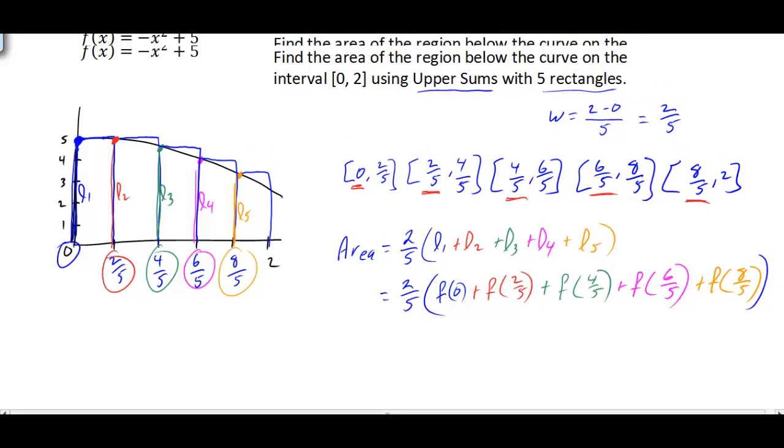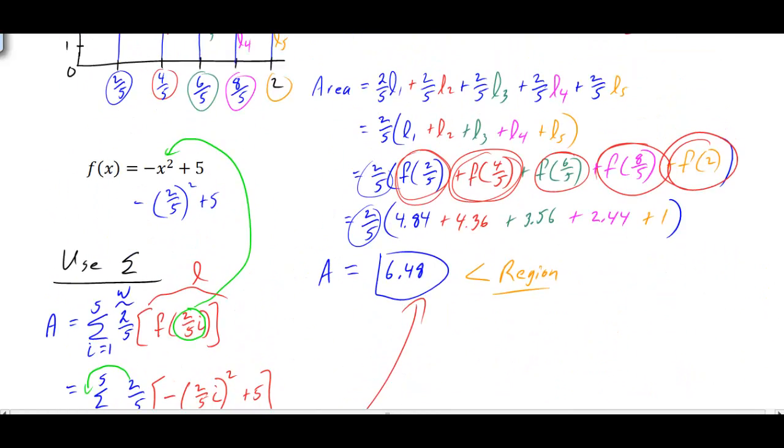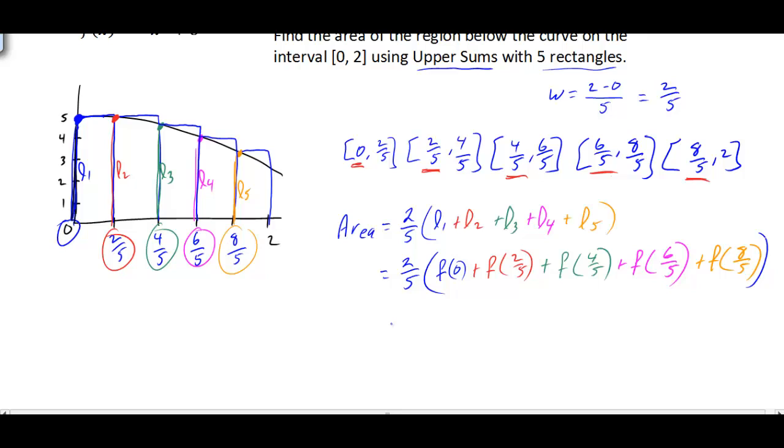So the only thing different here is we got to plug 0 in, and of course if you plug 0 in, that's going to be 0 plus 5. So we would have 5 plus the answers we had before, but we want to leave off the f of 2. So it's going to be 5 plus 4.84, 4.36, 3.56 plus 2.44. And notice this time we're going to come up with an area that's equal to 8.08.